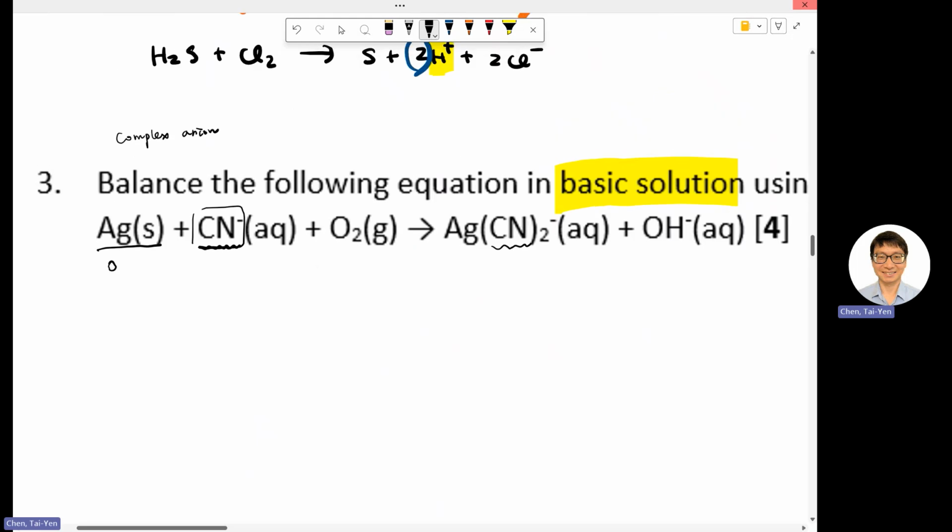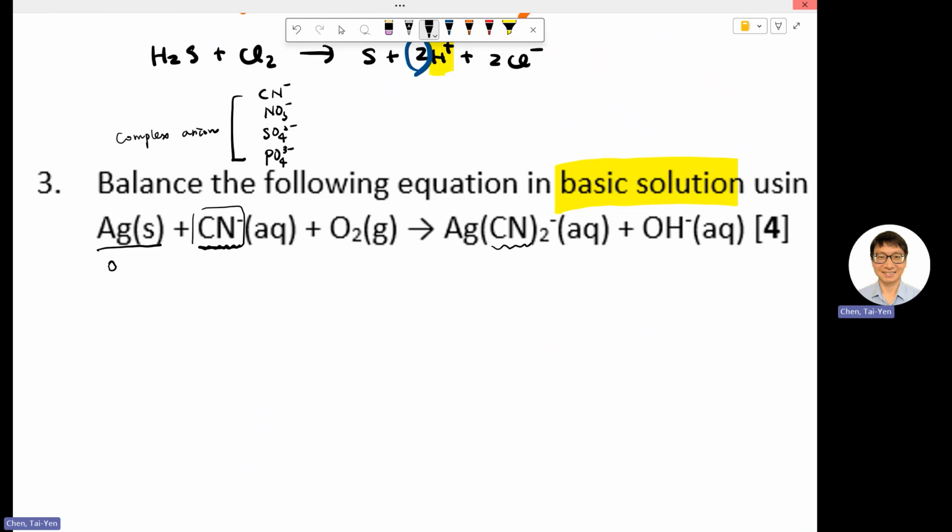Okay, and then the commonly seen complex anions including CN minus, NO3 minus, SO4 2 minus, PO4 3 minus.